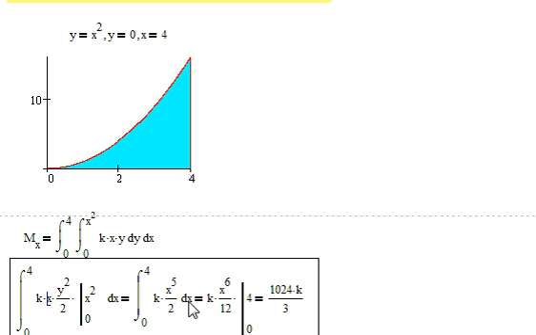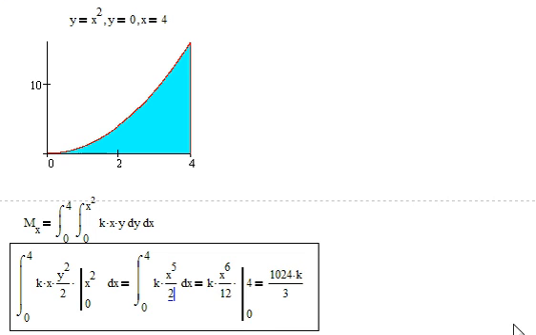So k times x to the 5th over 2 dx, integrating that between 0 and 4, we get k times x to the 6th over 12. That's 6 times this 2 that was already here. And so we get an enormous number, 4 to the 6th, which is like 2 to the 12th, if you will, over 12.